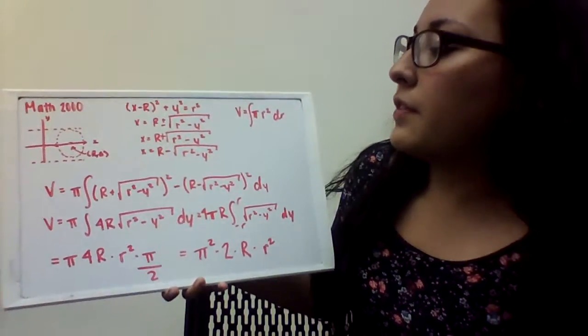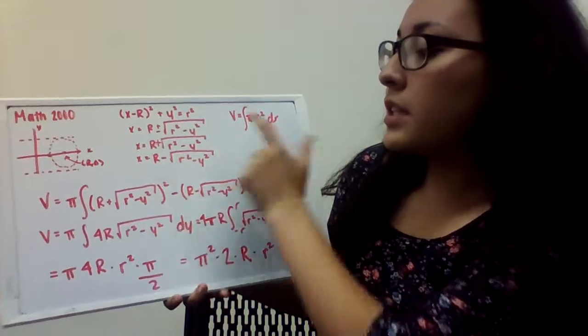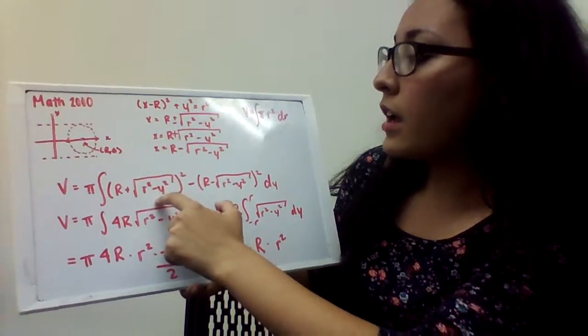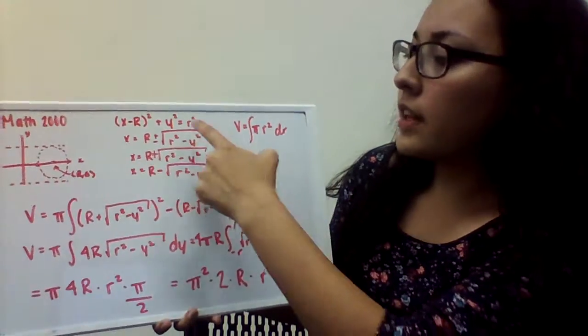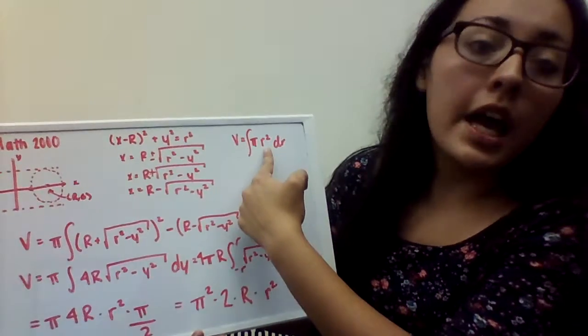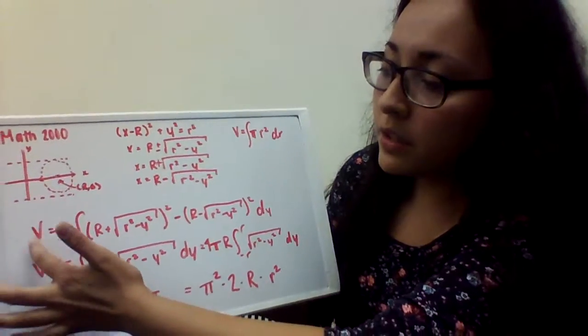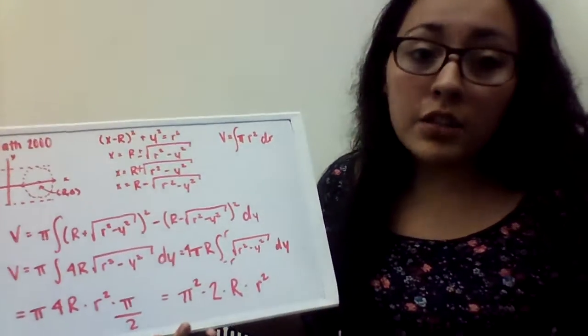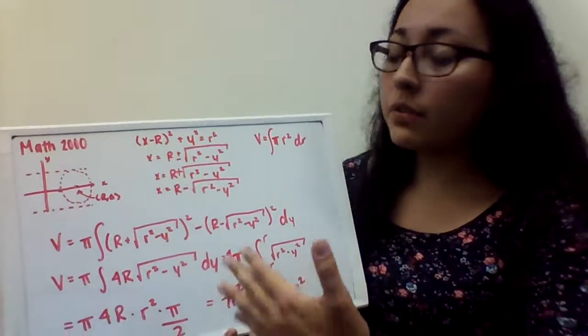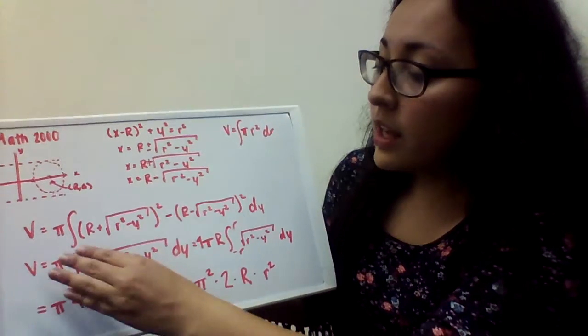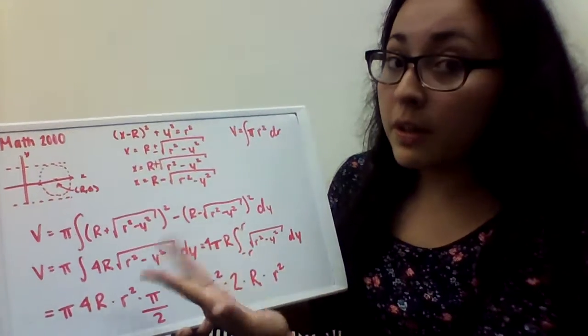So the next step that I have in here is to plug this into here. And in this case, I'm sorry that I used the same letter, but this should be like dx squared. That's what I'm plugging into. So we have V is equal to pi, and pi is just a constant, so you're allowed to take it out of the integral. Now, I don't have bounds here, but I'll tell you which bounds they are later.